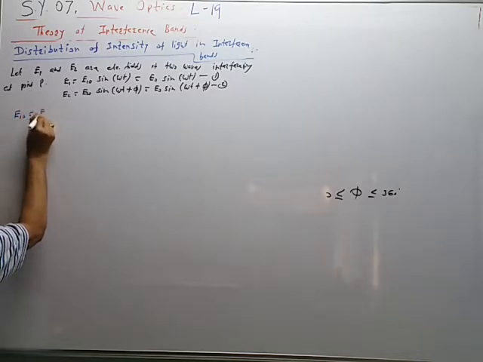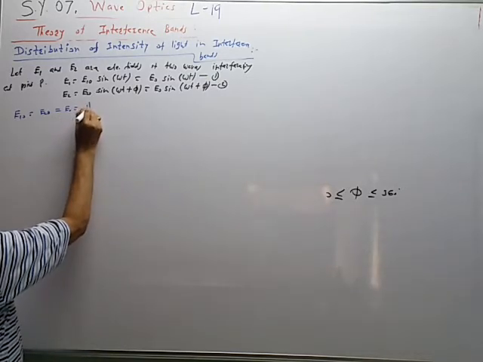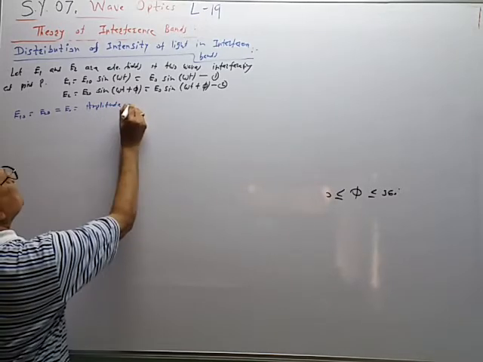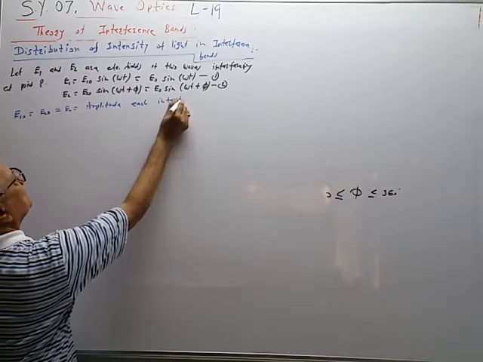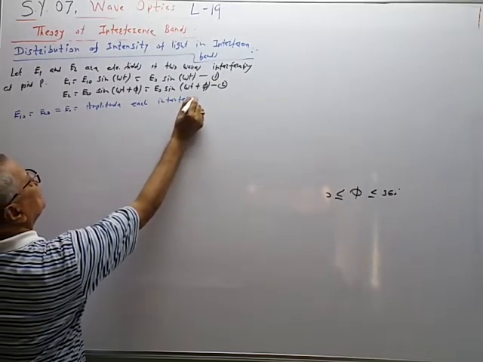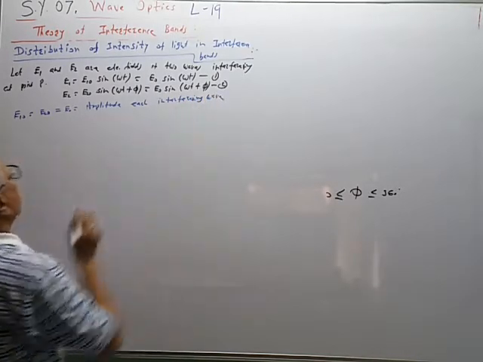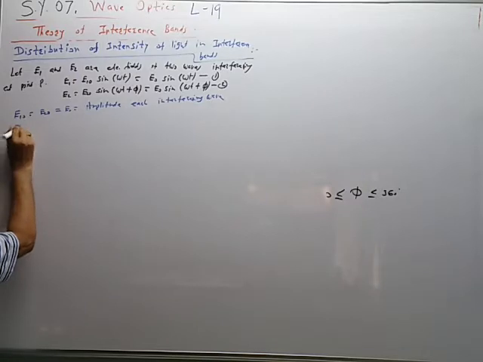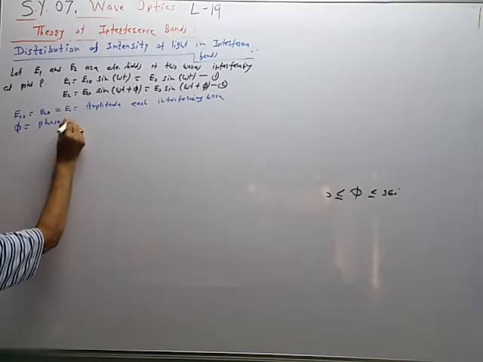E10 is equal to E20 is equal to E0, the amplitude of each interfering wave. Phi is equal to the phase difference. This factor is important.